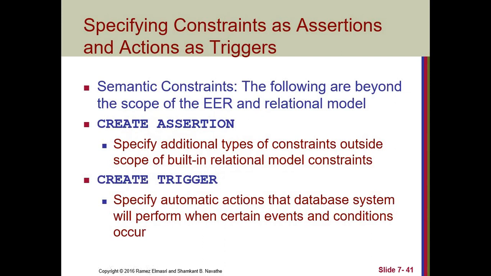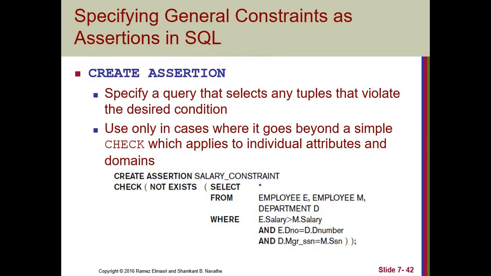An assertion is similar to an assumption, and a trigger is again similar to an if statement. If something happens, do this. Here is an example of how we can use the create assertion command in SQL.